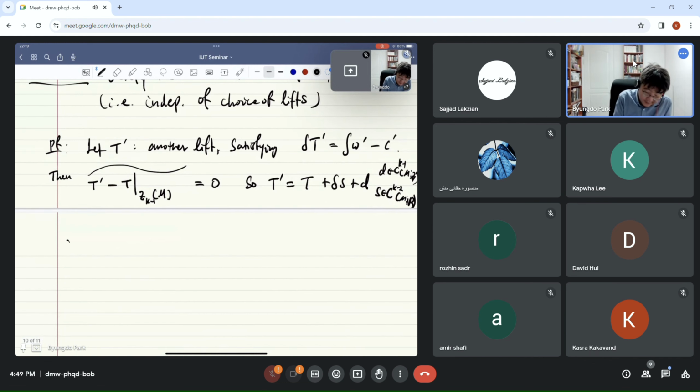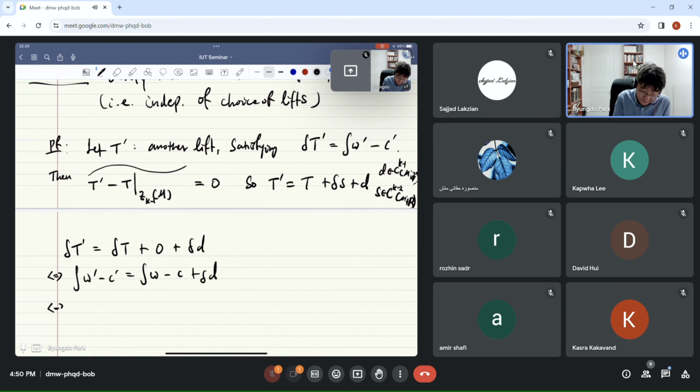So then if you take the coboundary, D squared is 0, and then we have delta D. Then rewriting, we have integral omega prime minus C prime equals integral omega minus C plus delta D, if and only if integral omega prime minus omega equals C prime minus C plus delta D, right?